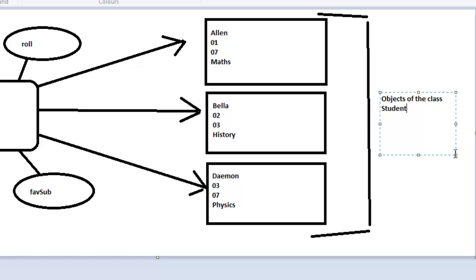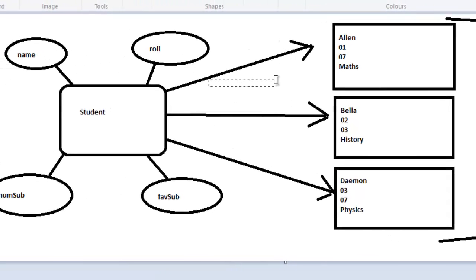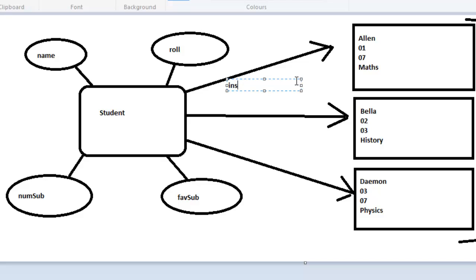Got it? So these objects are nothing but an instance of student, right? So every instance of the student class is termed as an object.